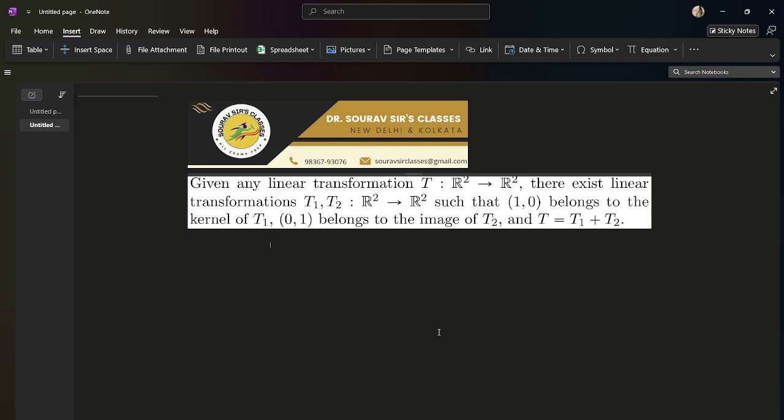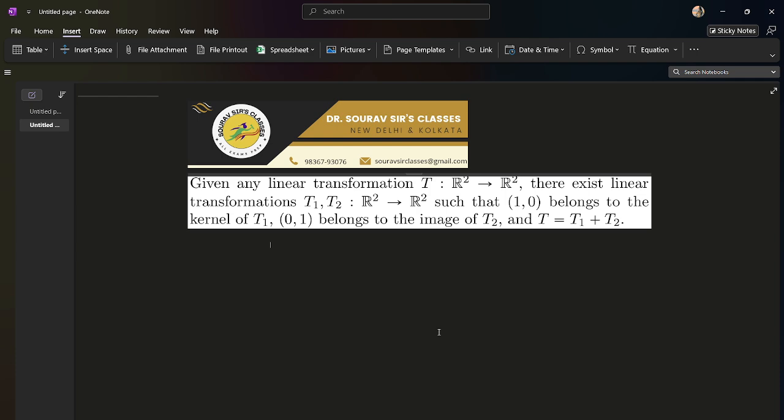Then our T equals T1 plus T2. So this is a true or false question, and we have to conclude about the truth of this given statement by perfect logic. So what can be done?